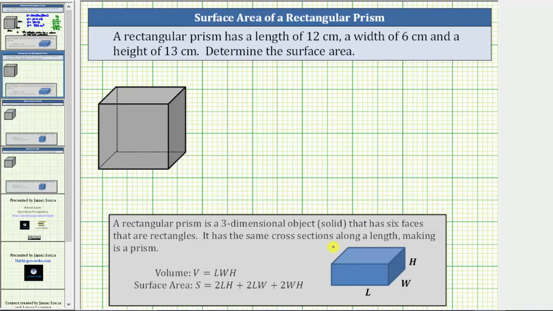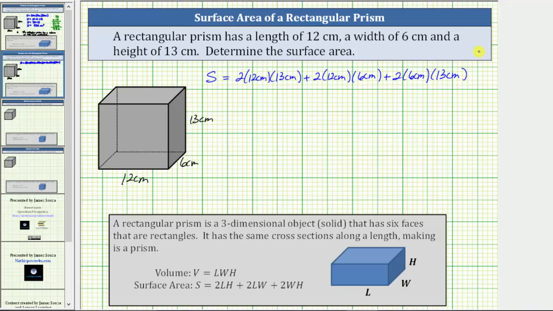of the rectangular prism. Going back to our problem, the length is 12 centimeters, the width is 6 centimeters, and the height is 13 centimeters, which means the surface area S is equal to, again, 2 times the length times the height is 2 times 12 centimeters times 13 centimeters plus 2 times the length times the width is 2 times 12 centimeters times 6 centimeters plus 2 times the width times the height is 2 times 6 centimeters times 13 centimeters.